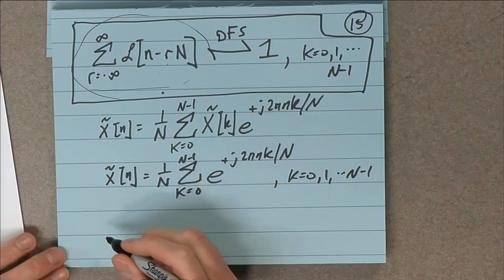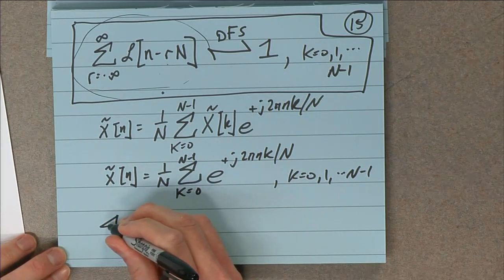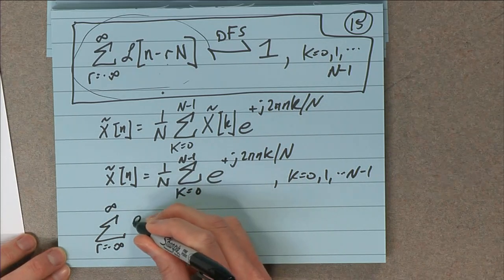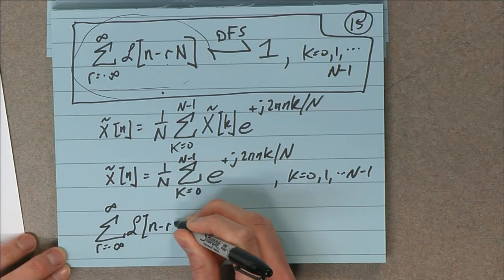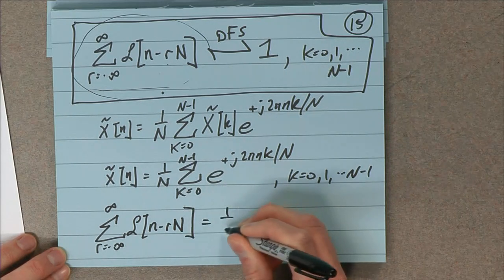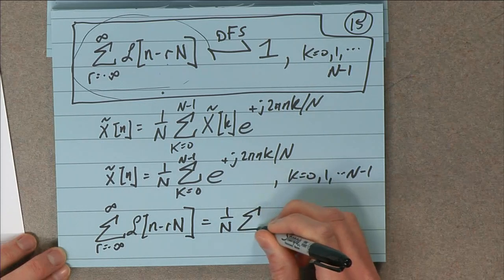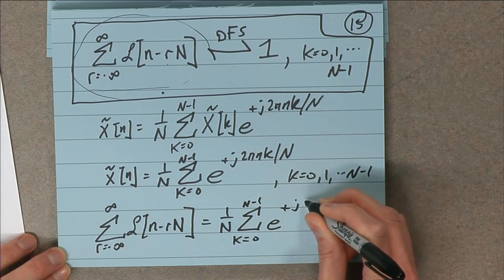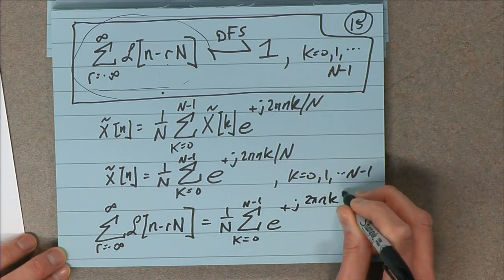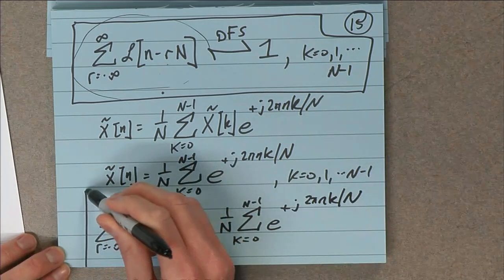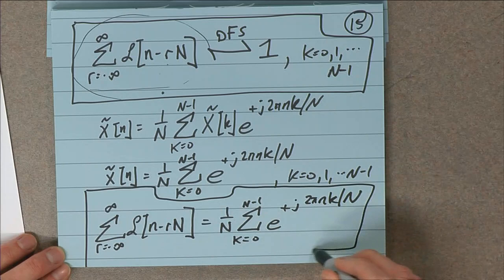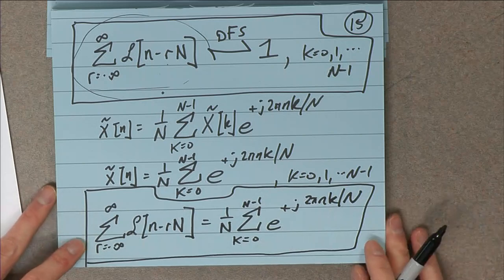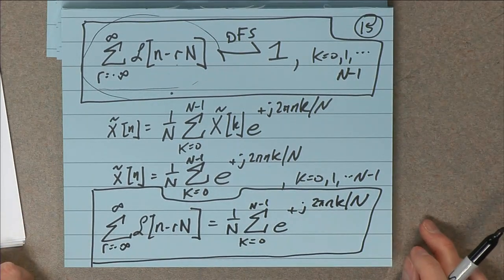And so what do we conclude? We conclude that we have a new identity here that can sometimes come in handy: this impulse train equals a sum of these complex exponentials, e to the plus j 2 pi n k all over capital N. If you fell asleep for a second, you probably missed it, because it's pretty subtle.